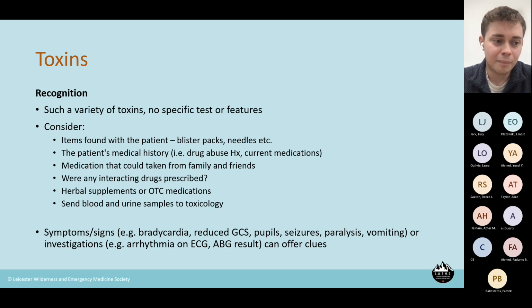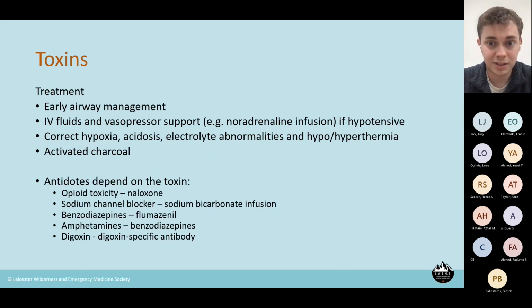So if it's due to digoxin, for example, you get the digoxin effect, which shows up on ECG, or ABG results. So usually a respiratory or metabolic acidosis, depending on what the agent was. And those can all offer clues to what's going on. But it's hard to be certain unless you can directly ask the patient what they've taken.